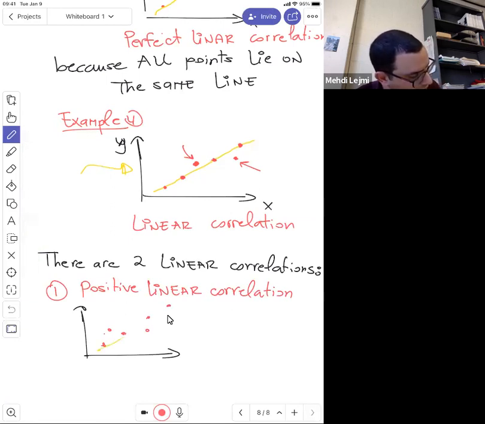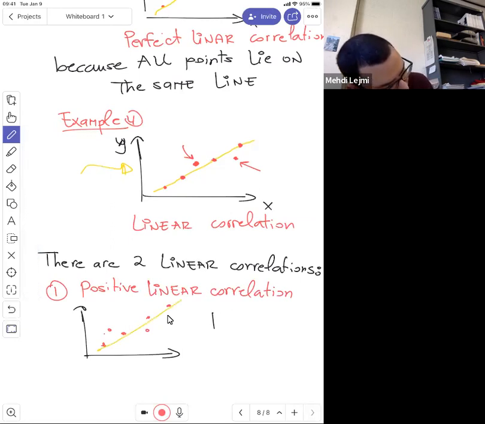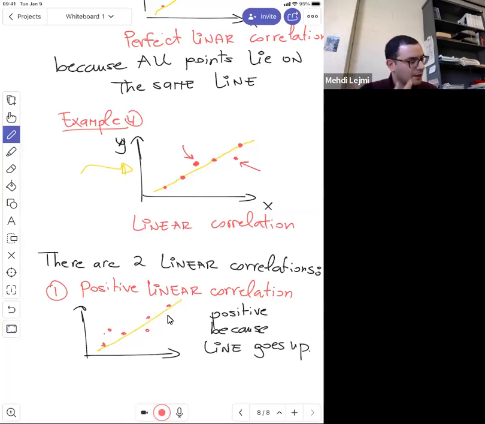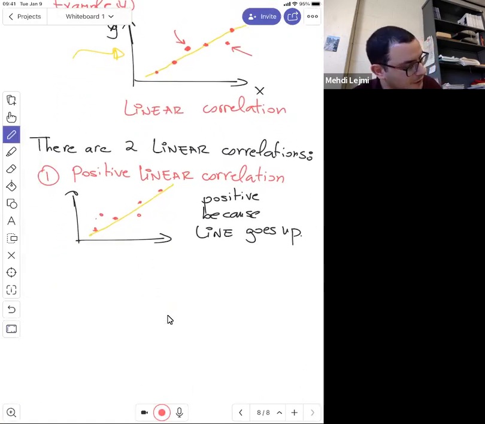So here in this case, my data resembles a line, and this is a positive one because the line goes up.